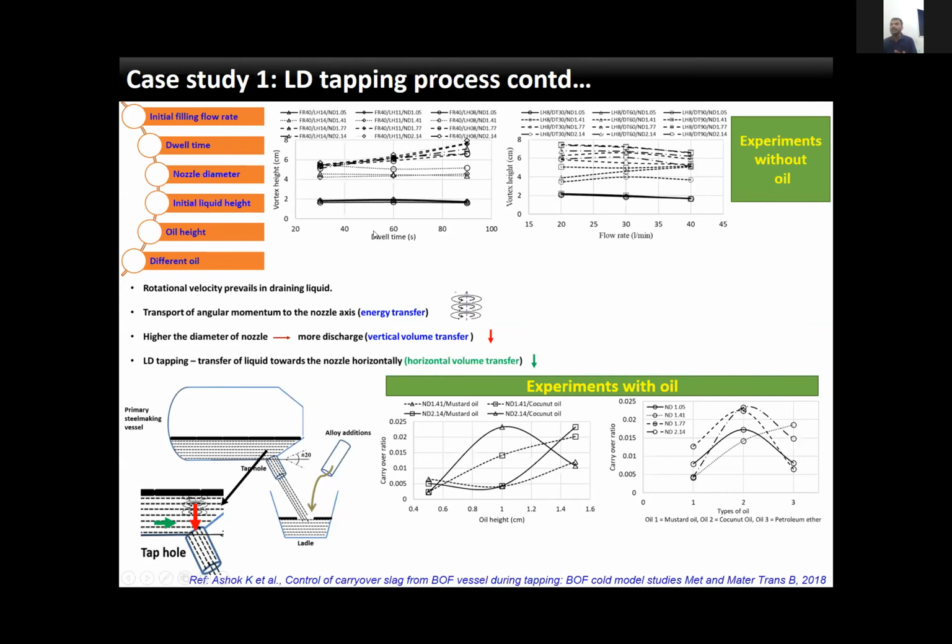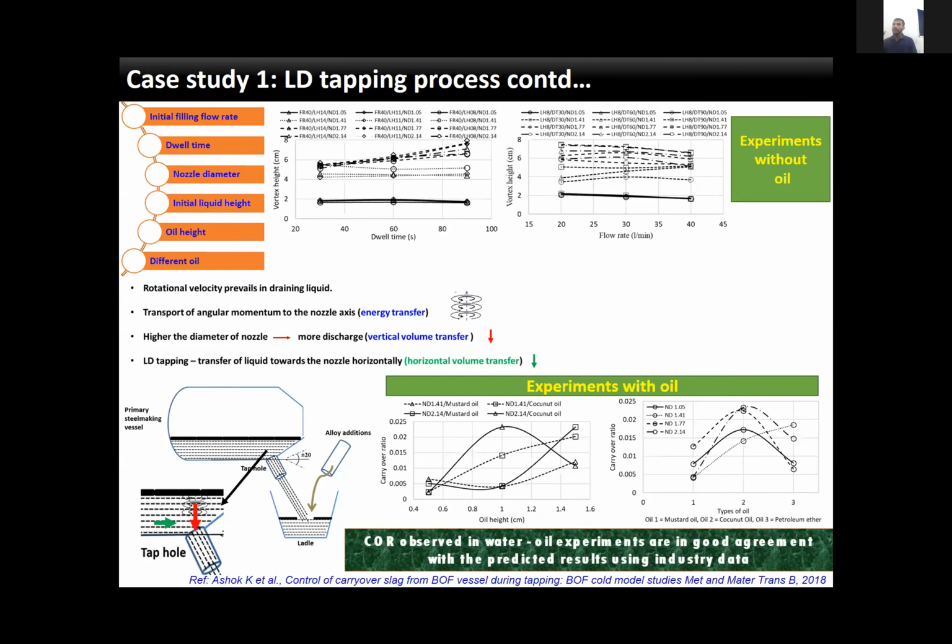where you are able to see that as the dwell time increases, the vortex height increases, and the flow rate decreases, and the vortex height decreases. This is one of the major understandings developed, and with this understanding, any industry can control the vortex formation without any external device, like, as I already told, infrared camera, dart, all these things people are using.